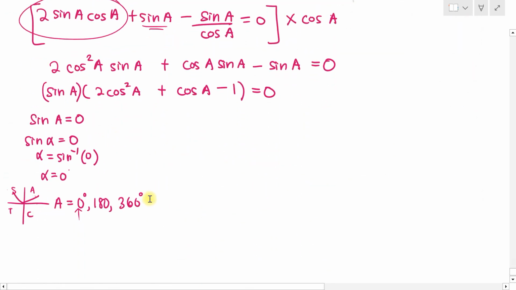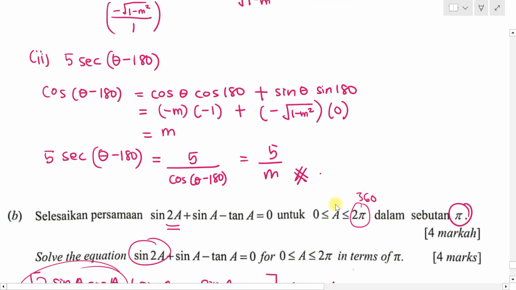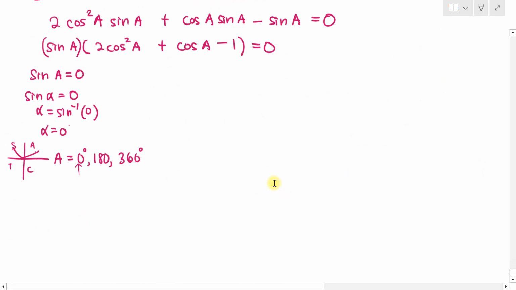So I can make the second round. But 360 I cannot add to 180 because it becomes 540, which is not in range. Careful with this. So your A should be 0. 180 means pi. 360 means 2 pi. Okay, we get a fraction of the answers.